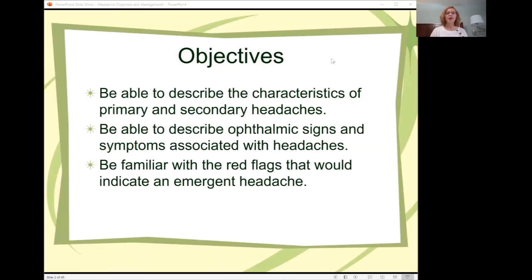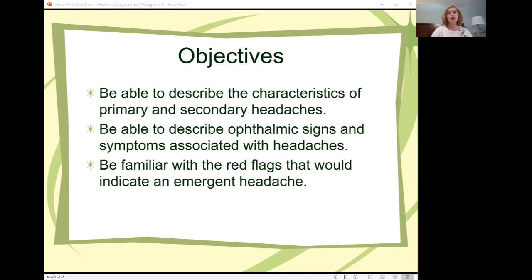Today, we are going to go over the various characteristics of primary and secondary headache types so that we know the symptoms and signs that will help us come up with a correct diagnosis. Particularly, there are two main aspects that I see as critical for our profession in dealing with headaches.